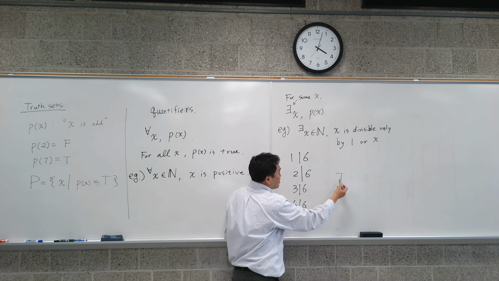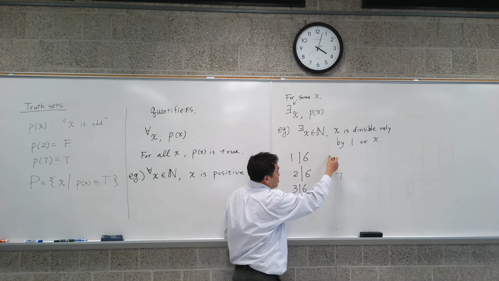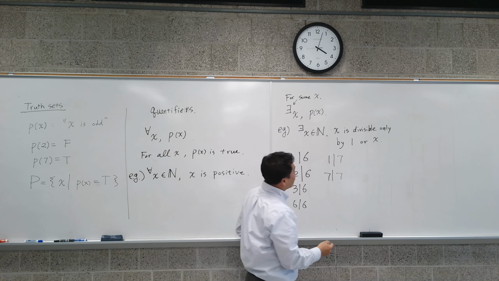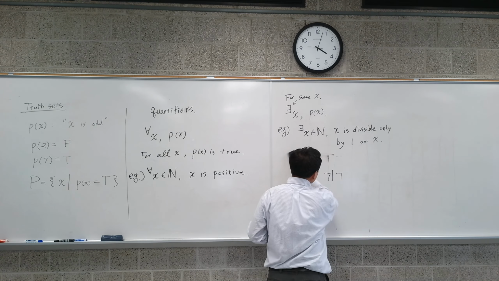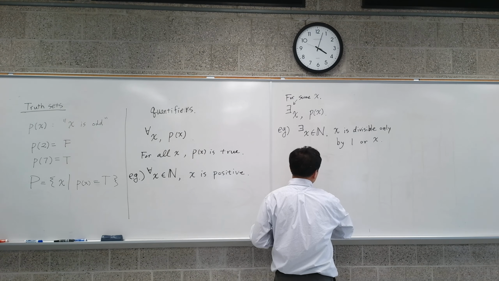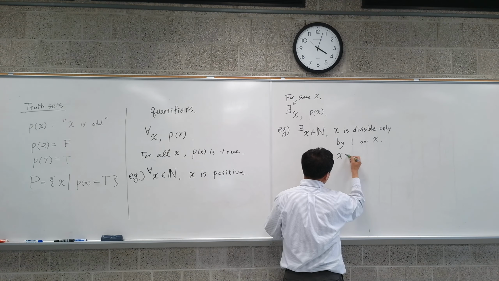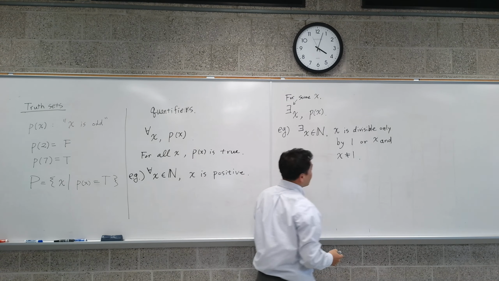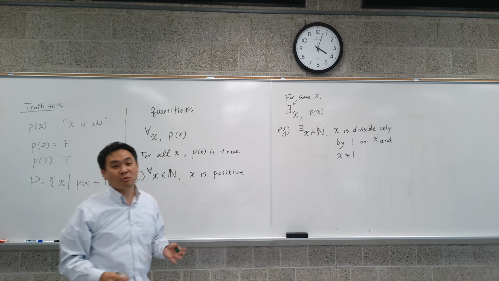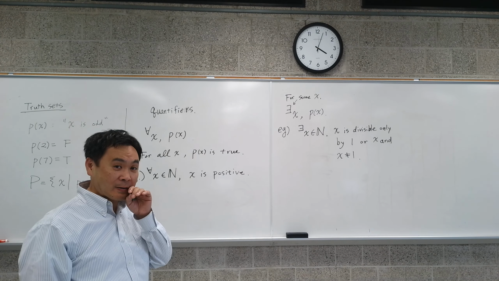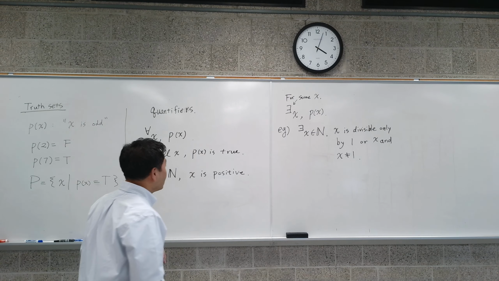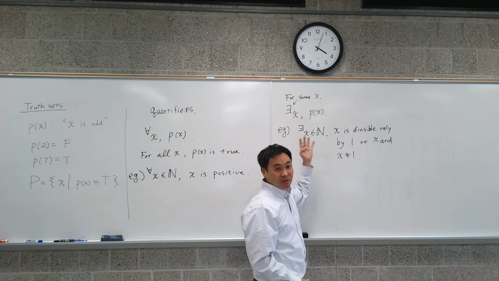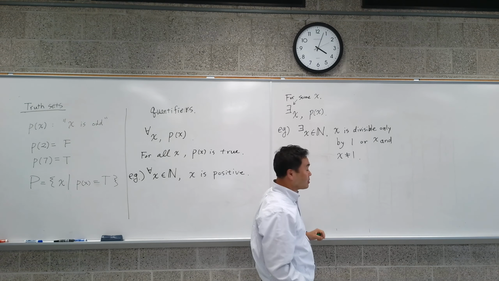So 7 is an example where 1 does divide 7 and 7 divides 7. Okay? Now, if you add in another condition that x is not 1, then this is the definition of what's known as a prime number. So this statement is saying that there exist prime numbers inside N.